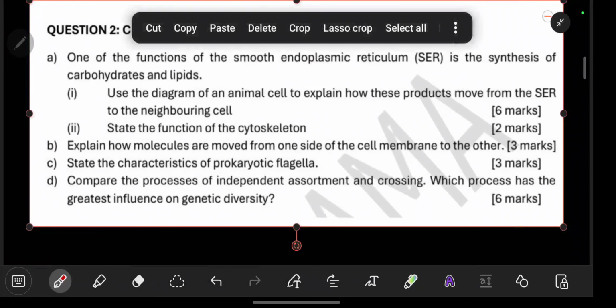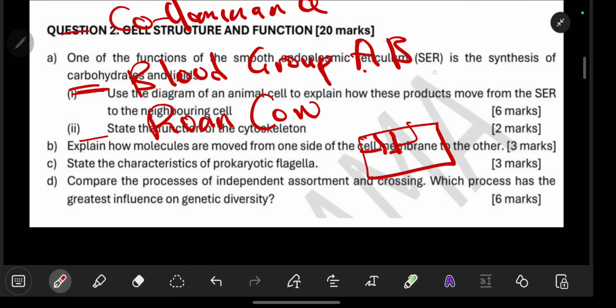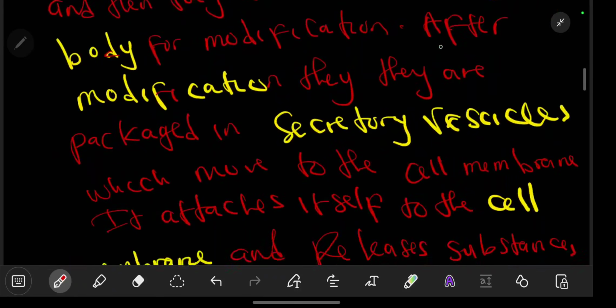So let's just look at the last thing, which is the thing that I promised you.